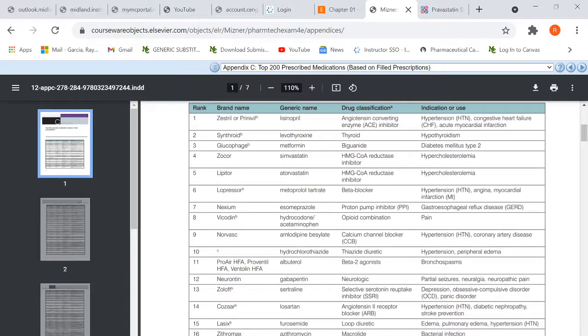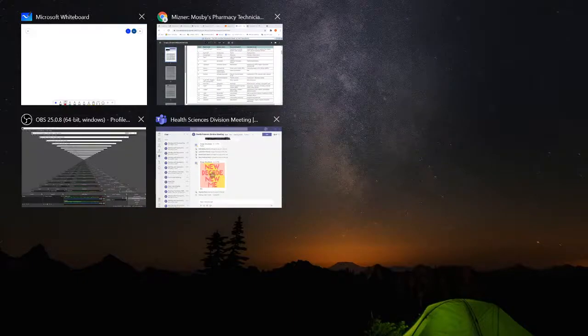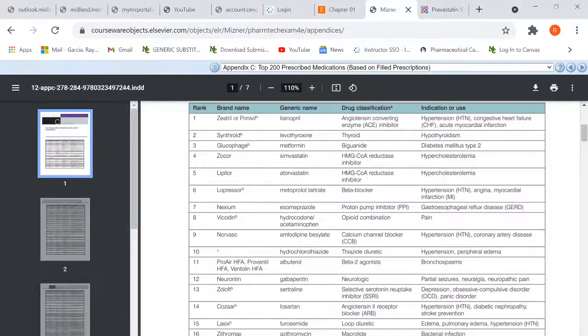Again, we're dealing with the cardiovascular system. It is a beta blocker, right? Blood pressure, beta blocker, okay. So we're doing beta blocker. It's for the cardiovascular.